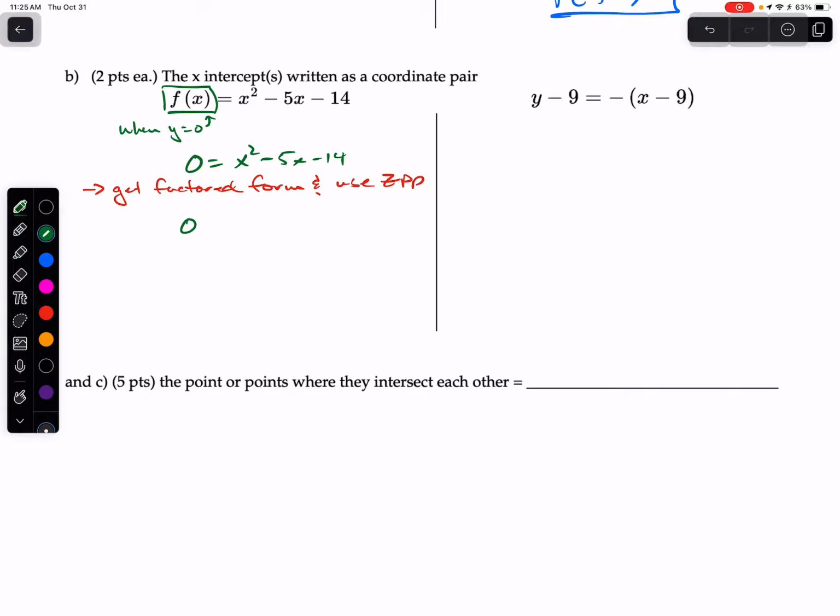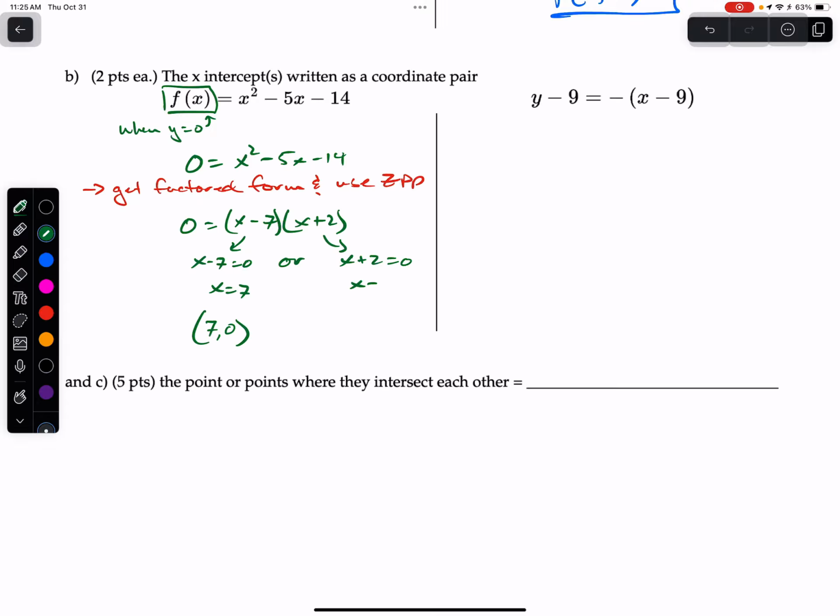So 0 equals x minus 7, x plus 2, which means x minus 7 equals 0, so x equals 7. So that's 7 comma 0. Or x plus 2 equals 0, so x equals negative 2, and so negative 2 comma 0. And those are our two x-intercepts.